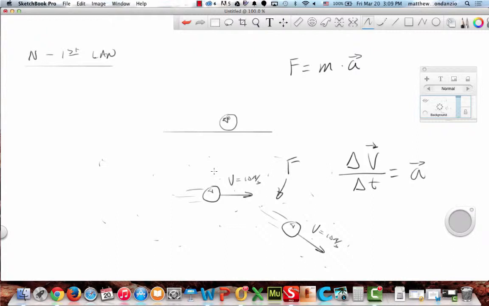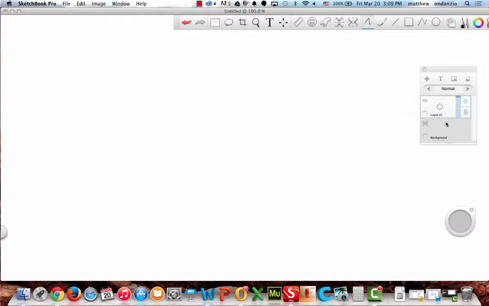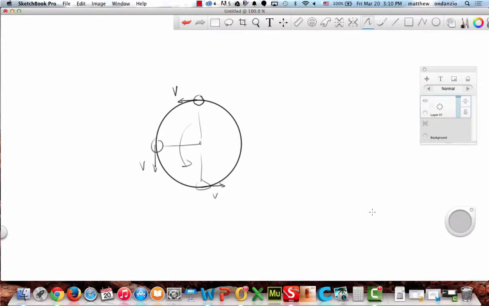If I'm taking an object, all right, and I swing it like this, I have a velocity here, tangential velocity. You guys see that? Okay.